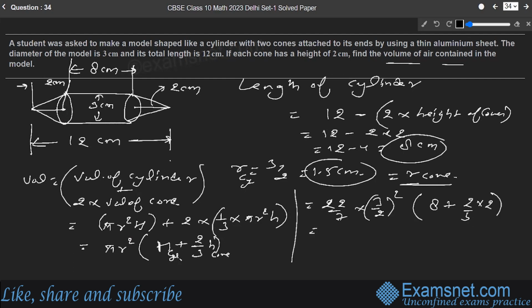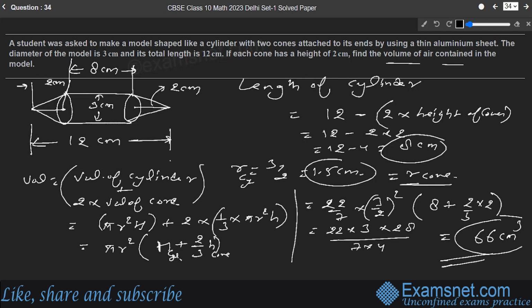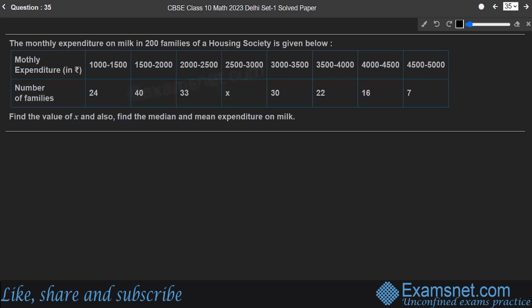Let us solve this further. This brings out 22 into 3 into 28 divided by 7 into 4. If you solve this further, this comes out to be 66 centimeter cube, and that is going to be the final volume of the model given, 66 centimeter cube, and that is the right answer. Now question 35.